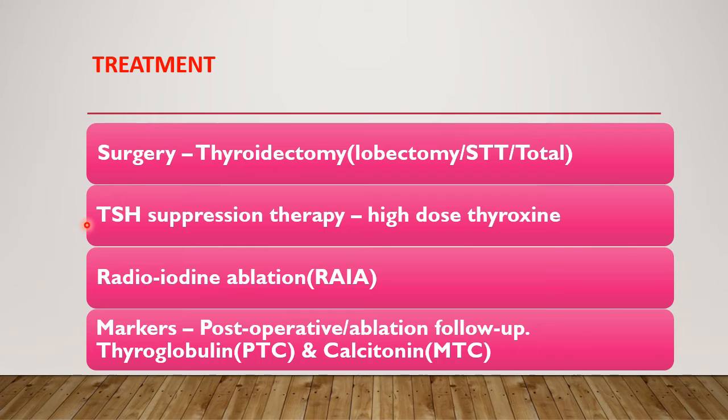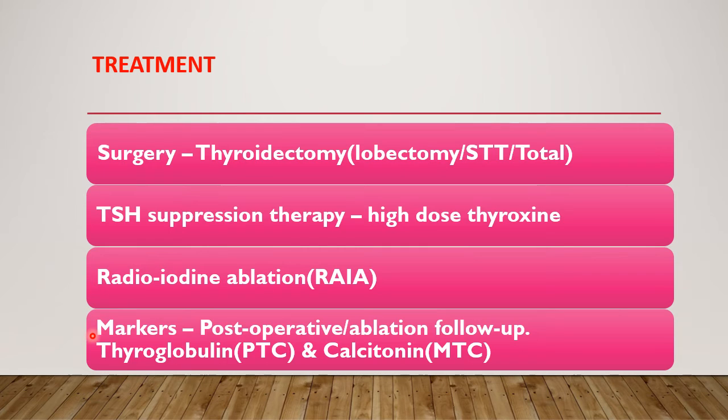The next is TSH suppression therapy, giving high doses of thyroxine, and this is usually done after the surgery or after the ablation to suppress or prevent recurrence of the tumor. The third is radioiodine ablation, giving doses of radioiodine, which is taken up by the thyroid cells, and in the process it kills the thyroid cancer as well.